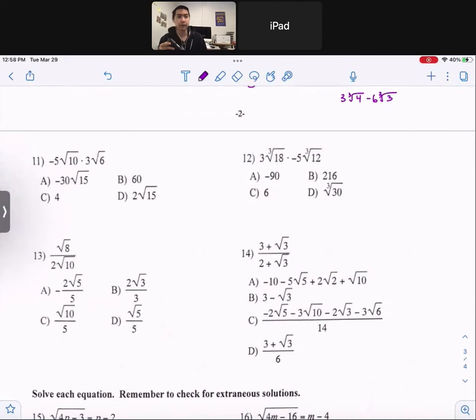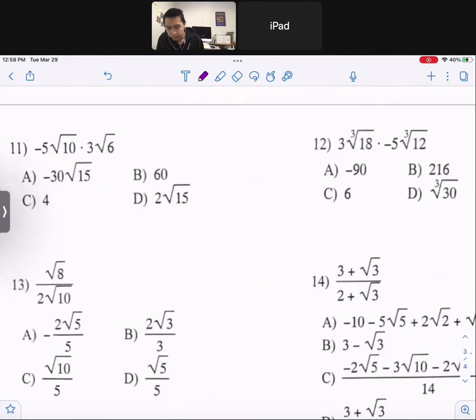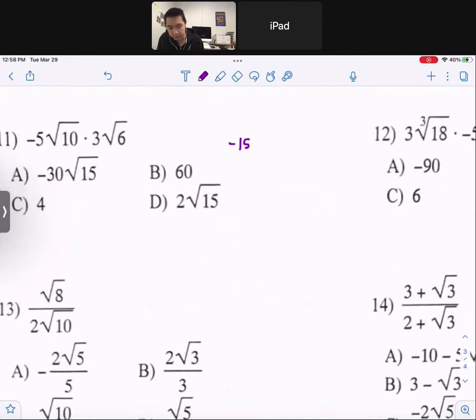Number 11, so multiplication. So I would just multiply outside times outside and inside times inside. So we get 60 and then break this down, right? Pairs, leftover 3, leftover the 5. So 3 times 5 is 15. 15 times negative 15, you guys.